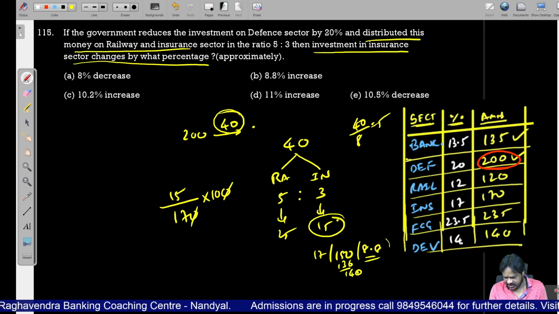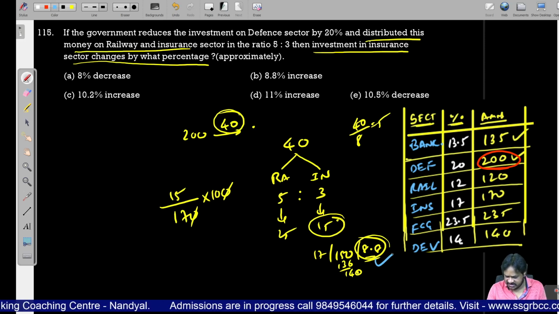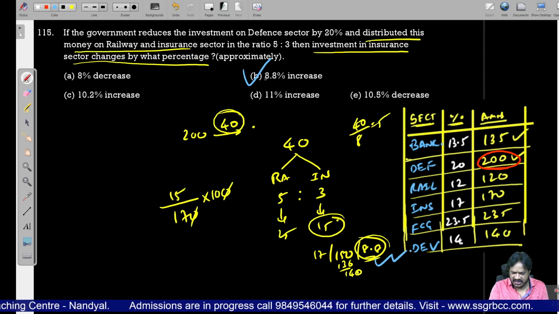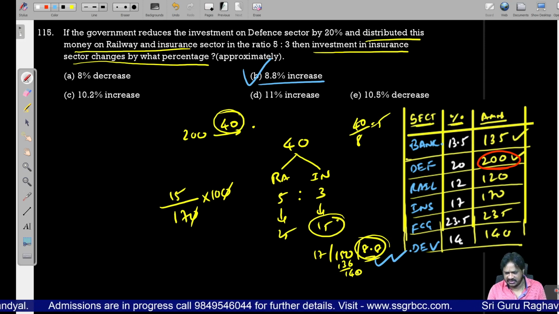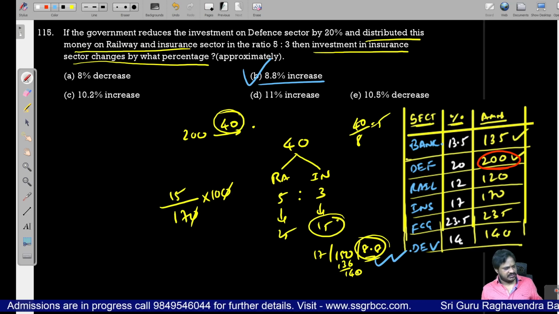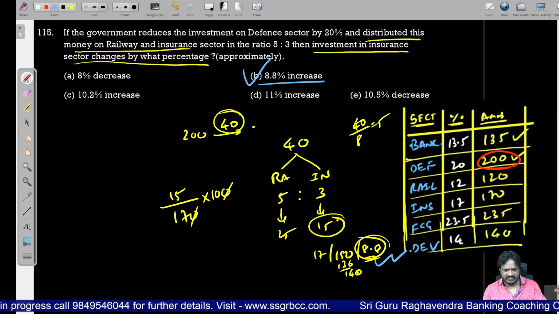Again 17 eights, so we are going to get 8.8%. This is the answer, 8.8%, and the value is increased. So 8.8% increase is the correct answer. Okay, let us discuss the remaining in the next class.